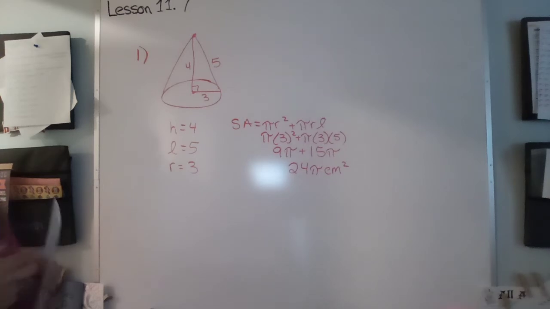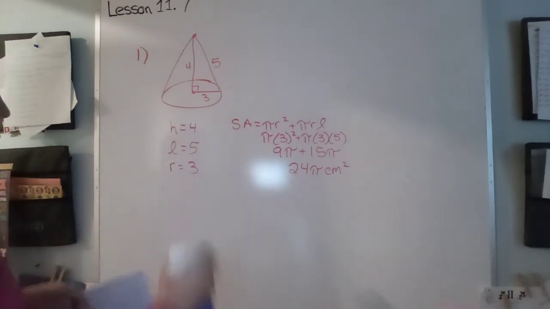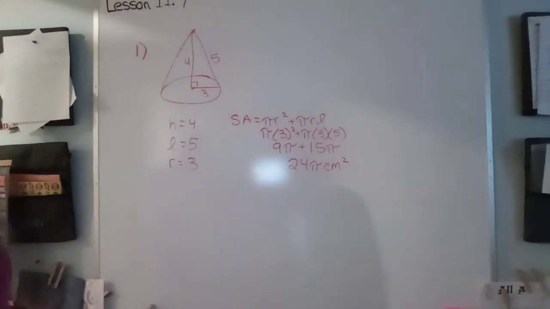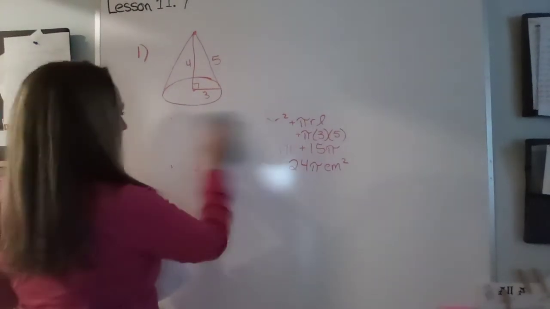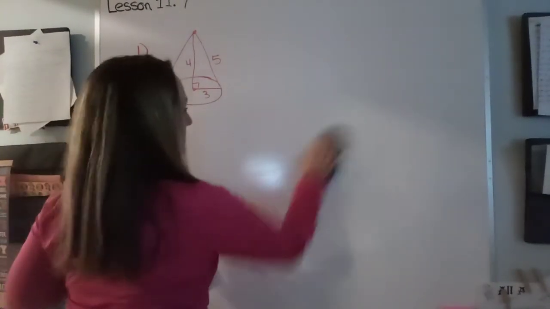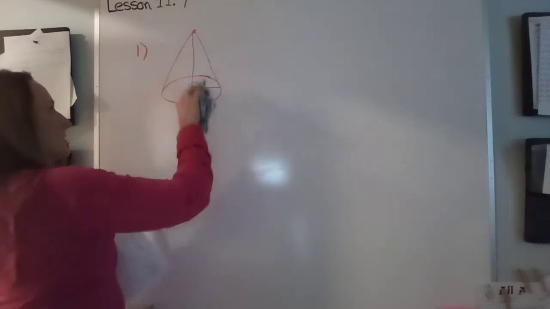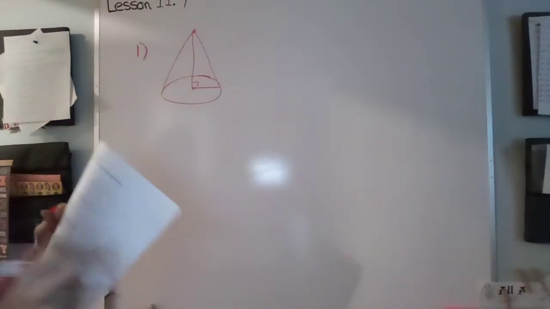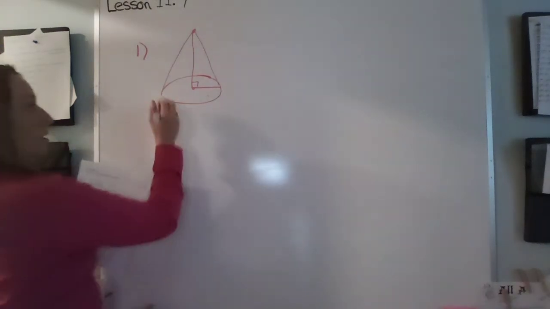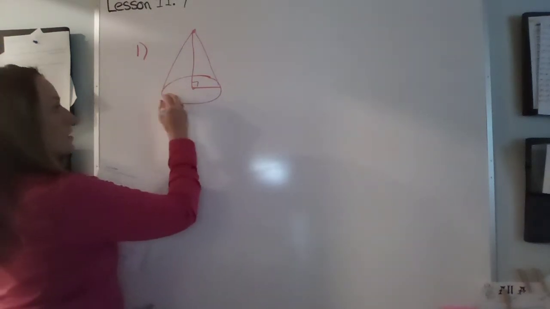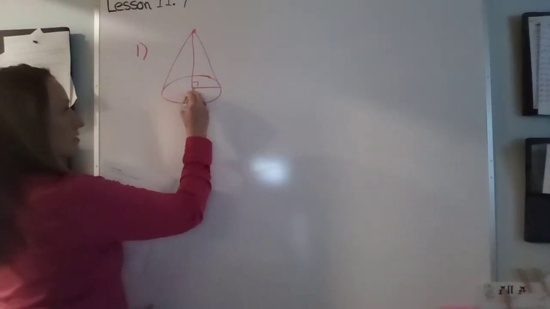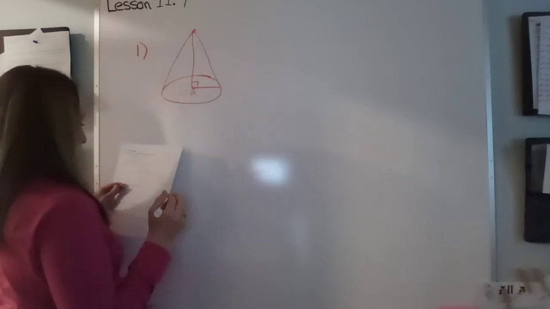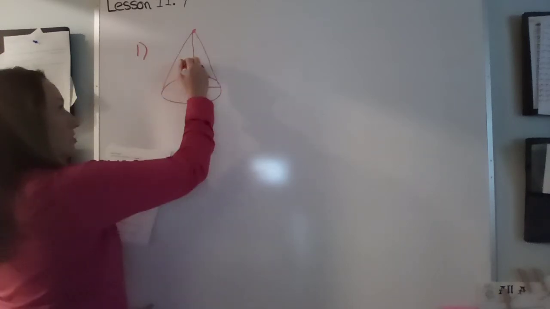Problem number 2, there is no diagram, so we'll have to sketch our own. It's a cone, so I'm just going to erase this. For problem number 2, it says a right cone has a diameter of 1.8. So the diameter is given as 1.8, that's the whole thing, and it has a height of 3 inches.